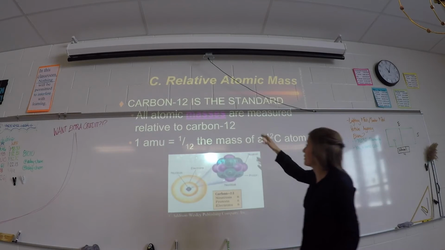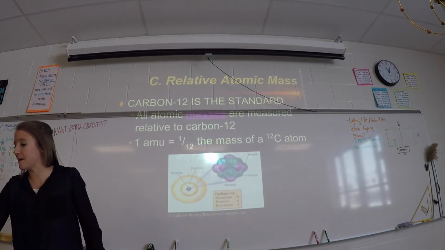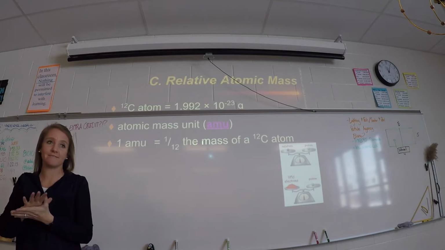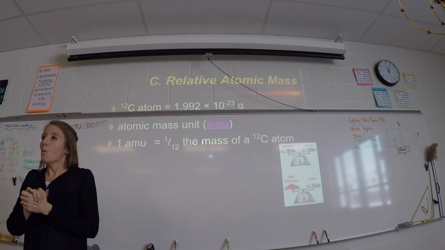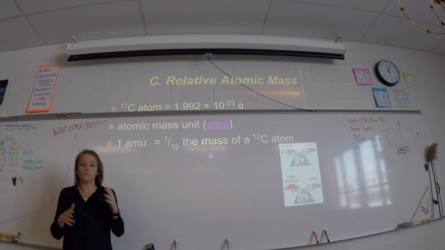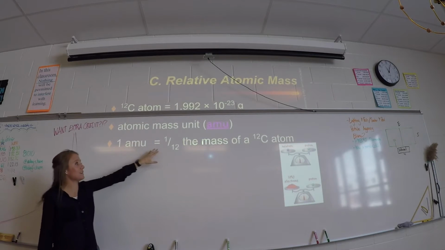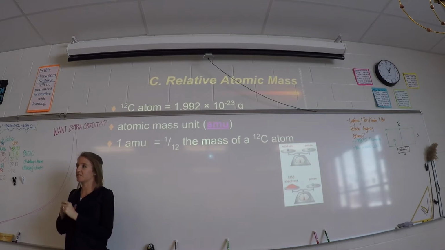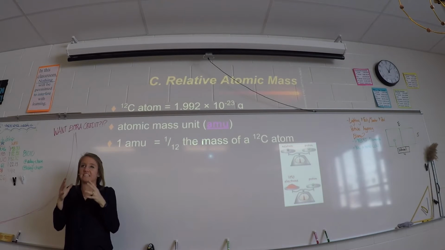So what we have are these things called AMUs, an atomic mass unit. What scientists decided is that one atomic mass unit is equal to 1/12 of the mass of a carbon-12 atom. They just decided that carbon-12 would be their standard to develop the rest.